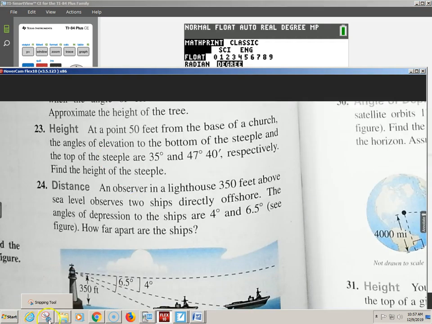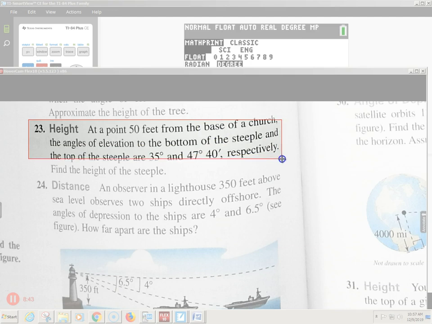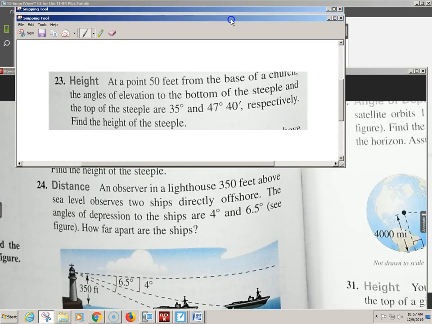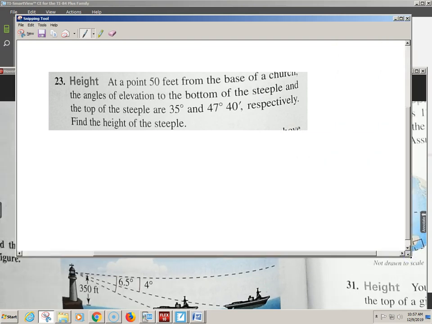We have a church with a steeple, which makes things just a little bit more complicated, because you can say to the top of the church building, but then there's also the top of the steeple. So if I were you, when you were drawing your picture, the base is easy because that's the ground. But from that point, that's somewhat away from your church, then you have the steeple.